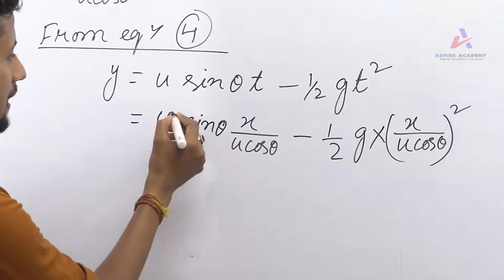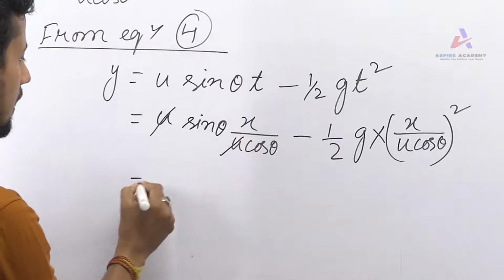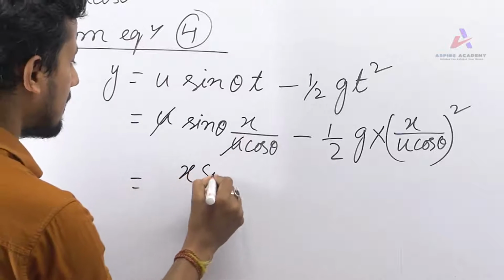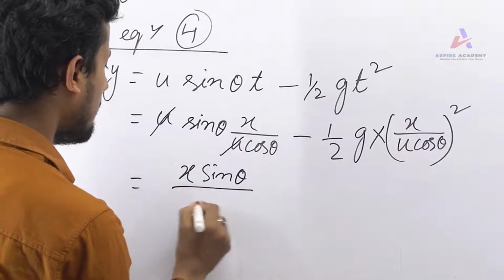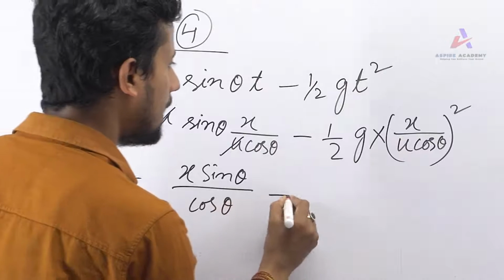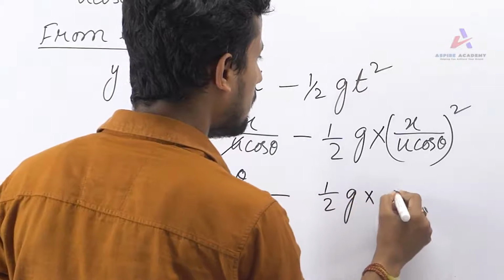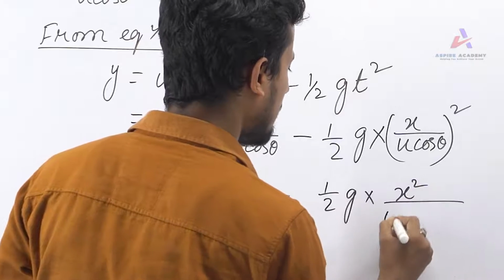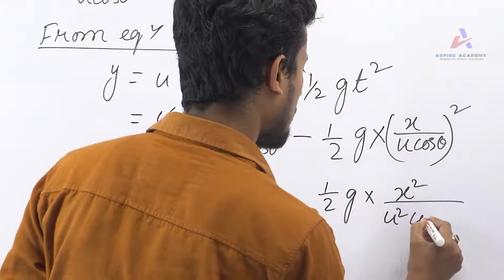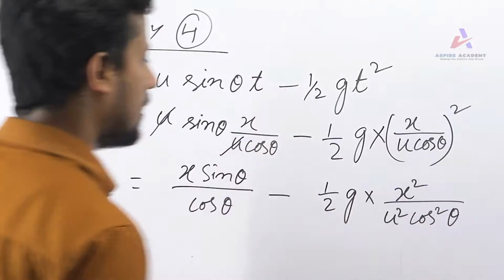So what do we have? We can cancel u and u from here, and we can write x sin theta by cos theta minus half g into x square by u square cos square theta.